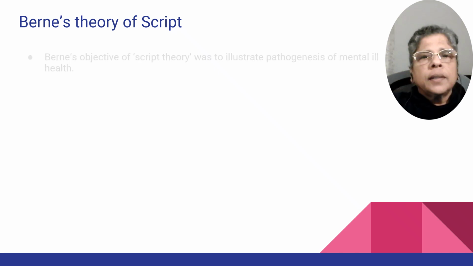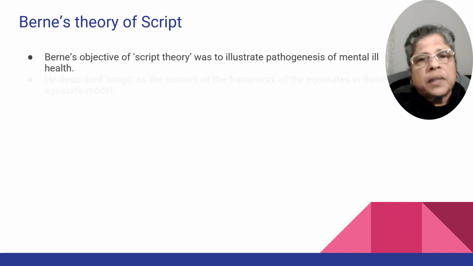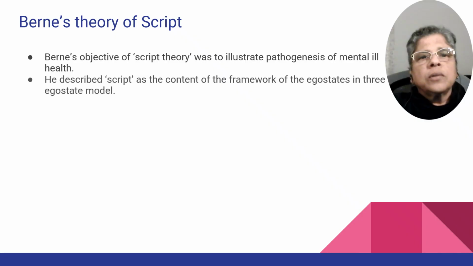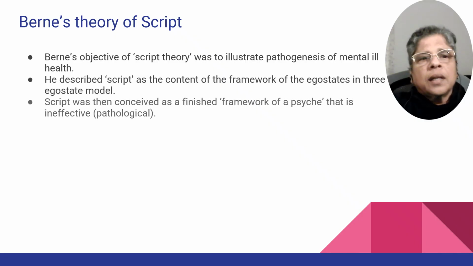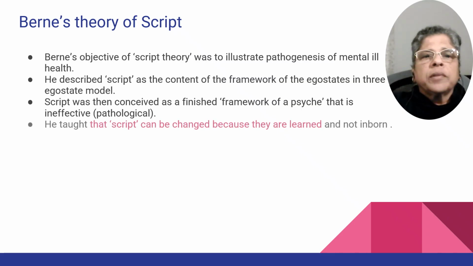This is an attempt to summarize Berne's script theory. His objective was to illustrate pathogenesis of mental illness. He described script as the content of the framework of the ego states in the three ego state model.